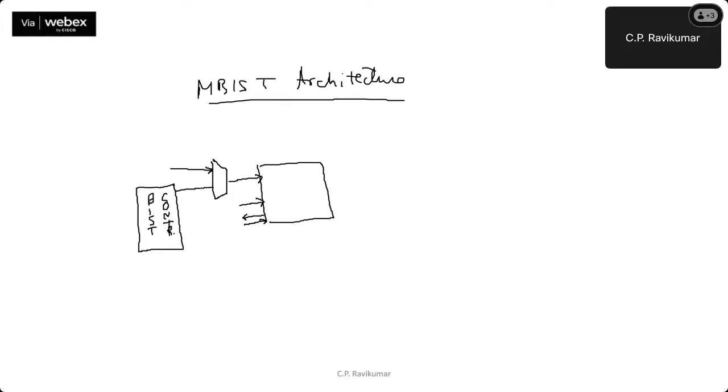In the test mode, the memory-based controller will produce the addresses for the memory. Similarly, it will produce the data for the memory, and it will receive the data being read. Here also it may have a mux. So this is your memory.